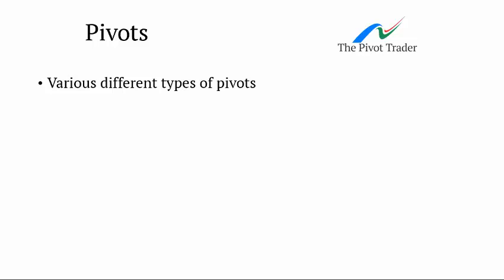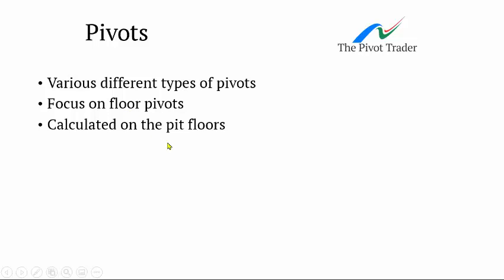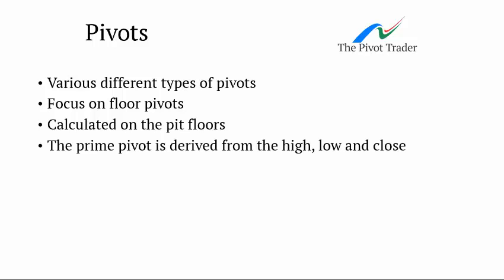So there's a couple of different ways, but what I'm looking at here is pivot levels themselves. The proper term for them is floor pivots. Floor pivots were calculated by pit traders. They're very easy to calculate. Basically, the prime pivot, or the pivot point itself, is derived from the high, low, and close of the previous period.